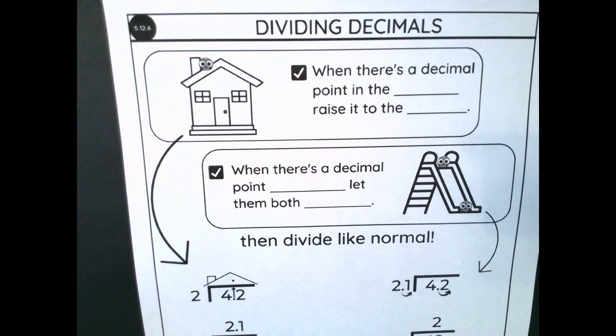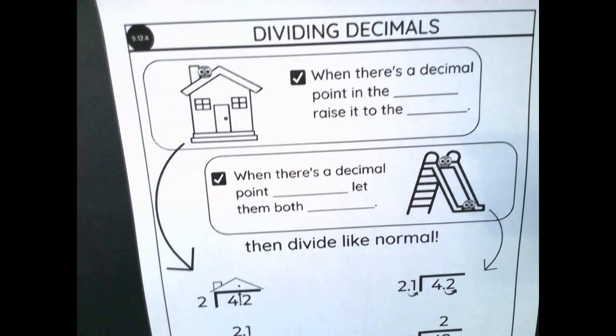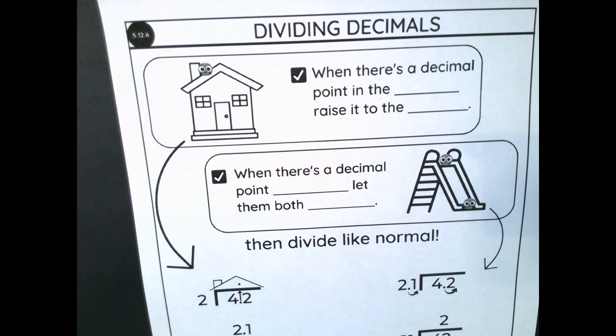Okay, so we are looking at page 2, and this is going to be a little bit of a visual and some wording to help you remember the process of dividing with decimal numbers.